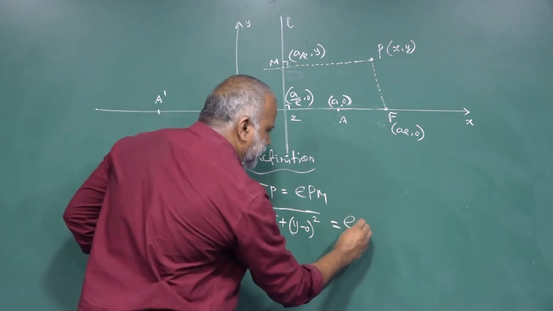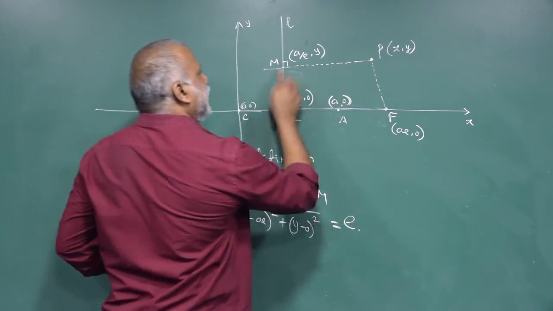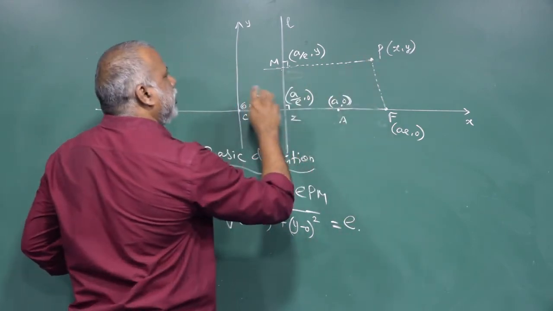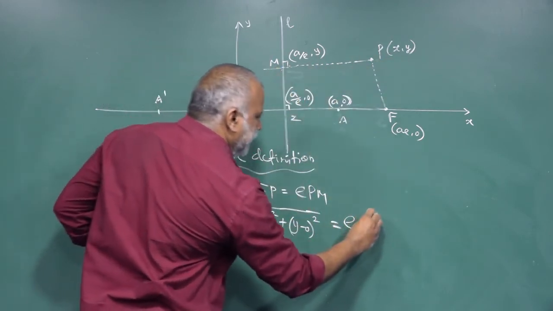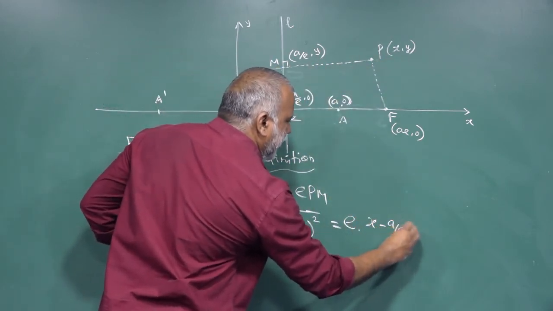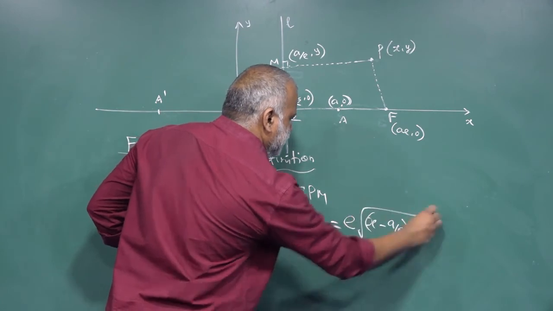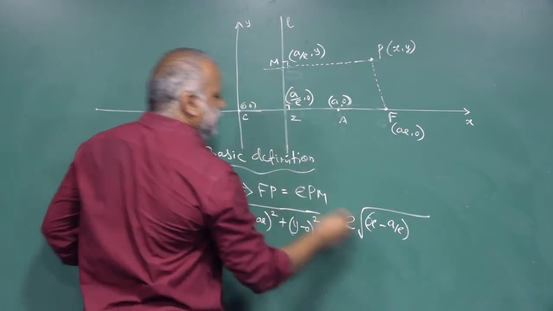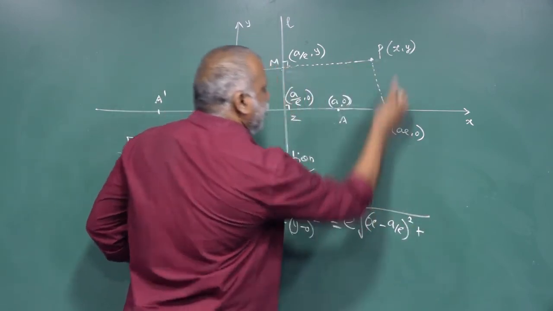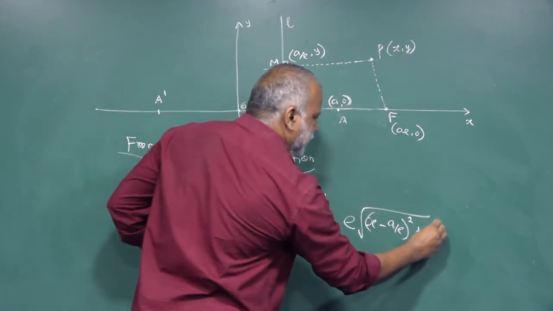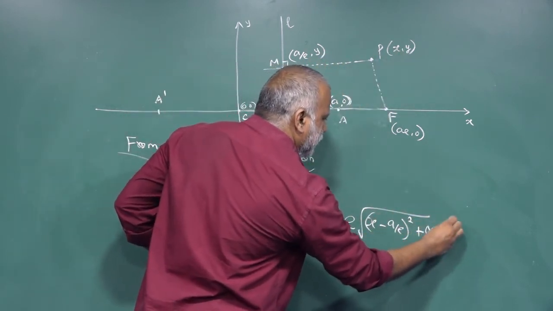Here, e times, what is the meaning of PM? PM is also the distance between 2 points. Work out x minus a by e. Take the square root of (x minus a/e) the whole squared plus (y minus y) the whole squared.